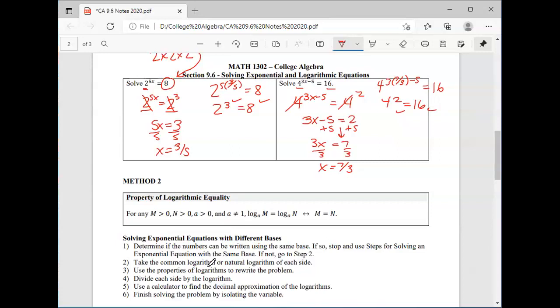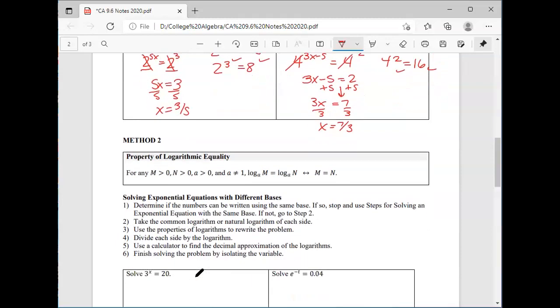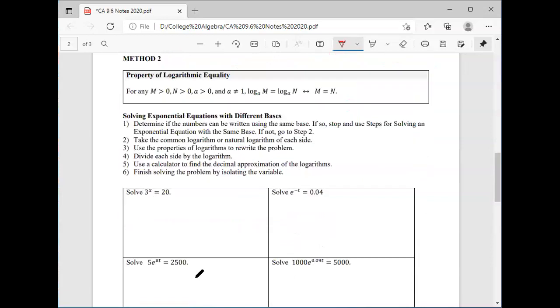Really the only time you would want to use a natural logarithm is if you're working with an e, because e goes with a natural logarithm. You're going to use properties of logarithms to rewrite the problem. You're going to divide each side by the logarithm and use a calculator to find the decimal approximation. And you're going to finish solving the problem by getting the variable by itself.